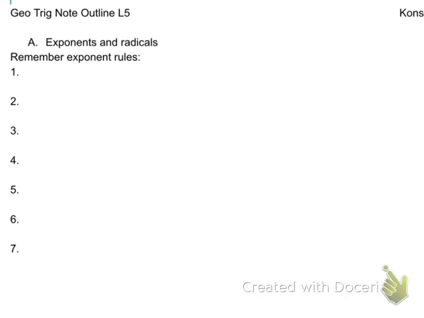So the first one, let's do a product of powers, which means, can you do x to the n times x to the m? That is the product of powers. That's the name. Who cares, necessarily? It's not all that important, but do you remember what to do here? What do we do?